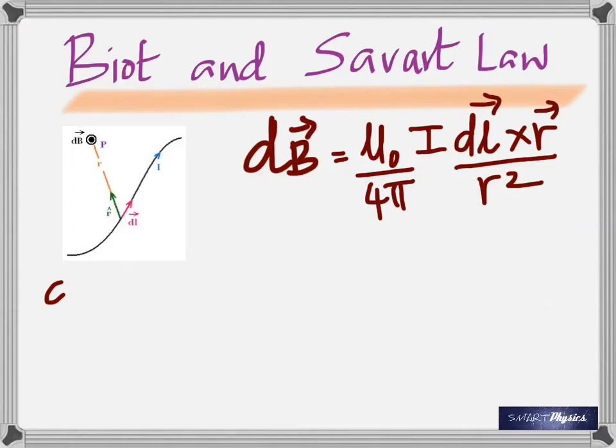A cross B is AB sine theta. So you can either write it as a cross product, or you can write the whole thing where you use the cross product. So dB is equal to mu naught by 4 pi I dl sine theta by r squared. Either way, it's the same thing.